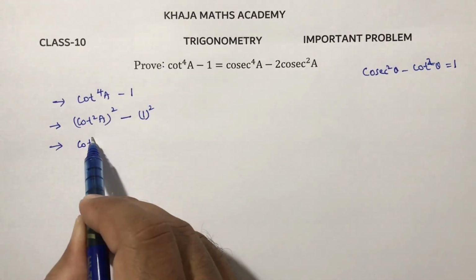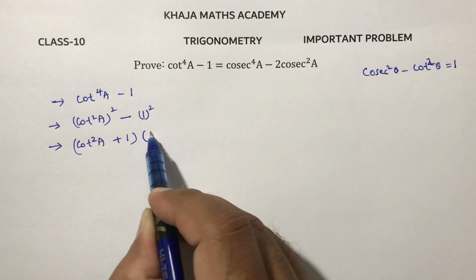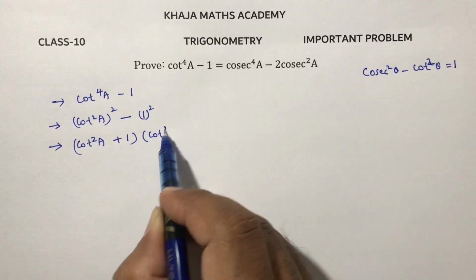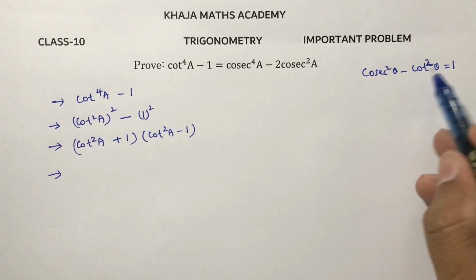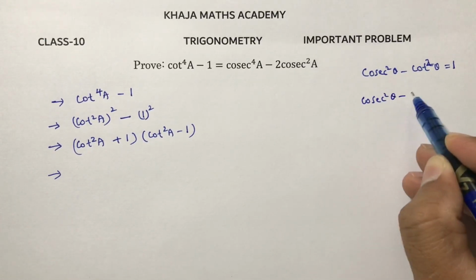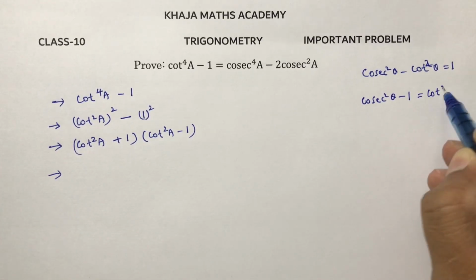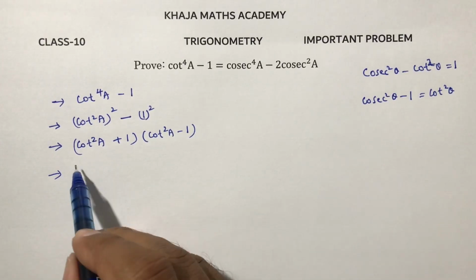So a square minus b square is (a plus b) into (a minus b). So from here, see what is cot square theta? Cosec square theta minus 1 is cot square theta. So in place of cot square write cosec square minus 1.